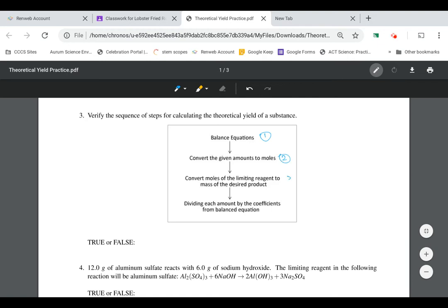Then convert the mole of limiting reagent to mass of the desired product to find the theoretical yield, that's correct. And dividing each amount by the coefficient from the balanced equation, no, that's not right. So your answer is false.